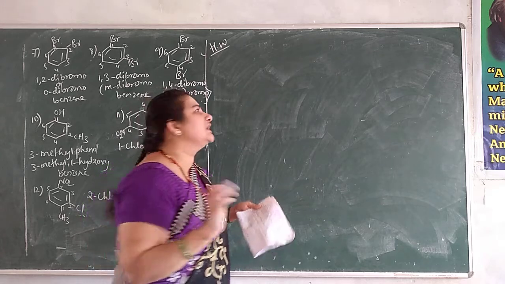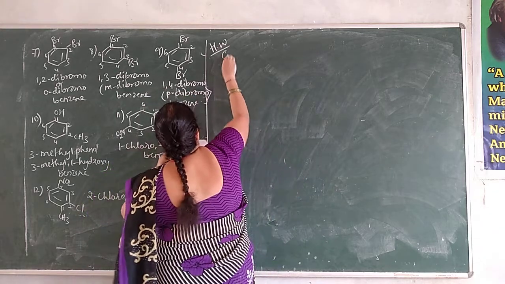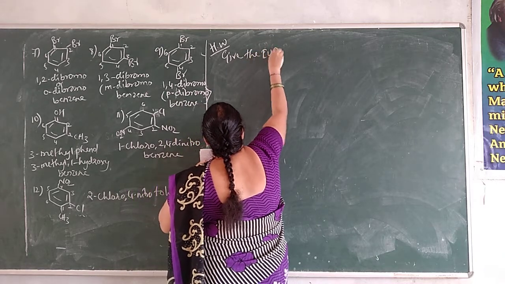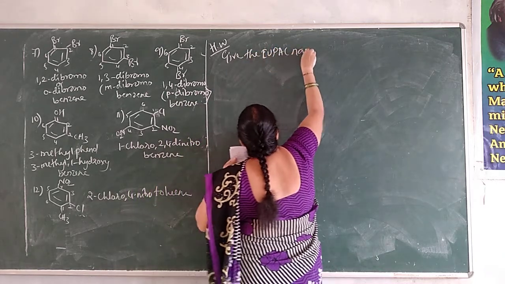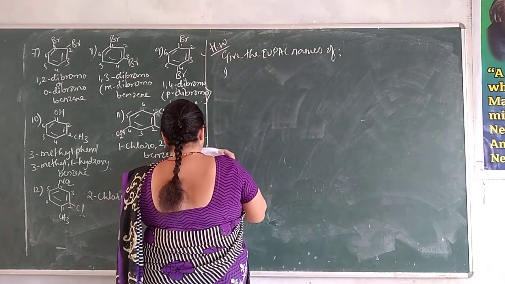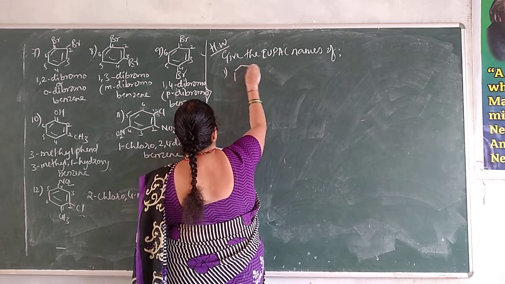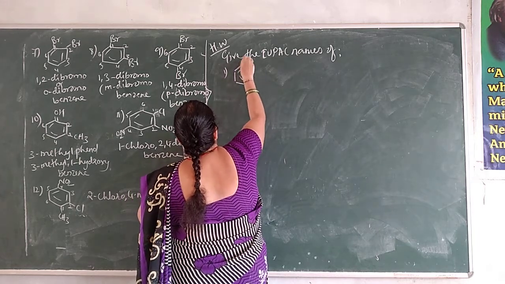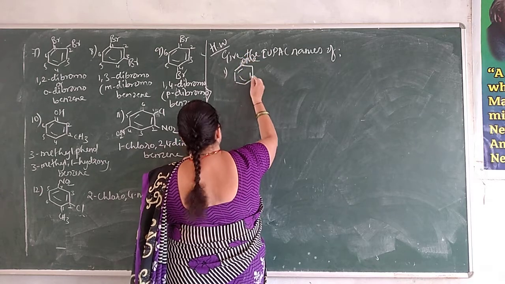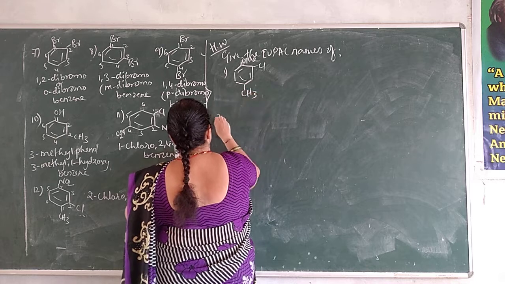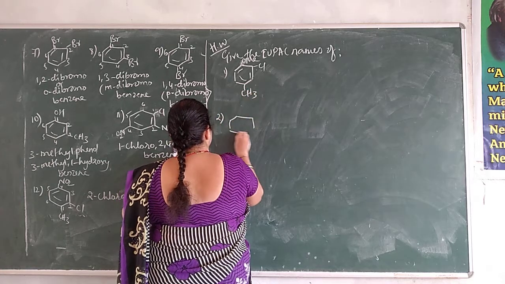That is it. Okay. So homework questions: give the IUPAC names. Give the IUPAC names of first one: benzene ring, OMe, then second carbon Cl, fourth carbon CH3. Second example.